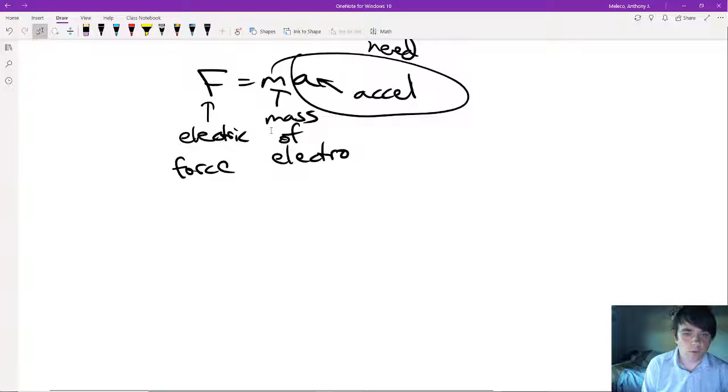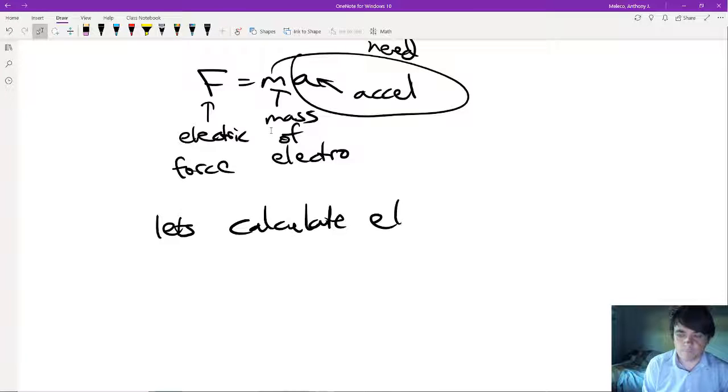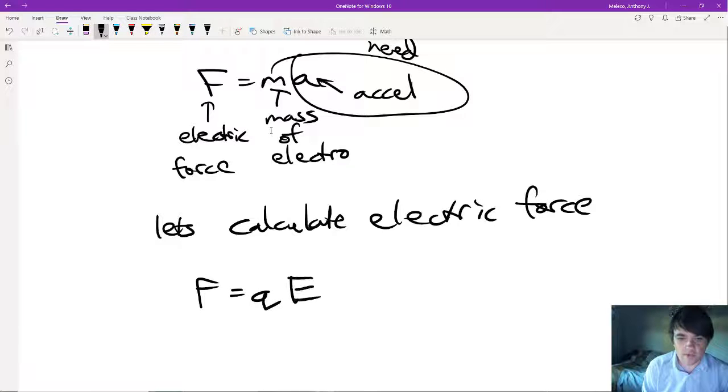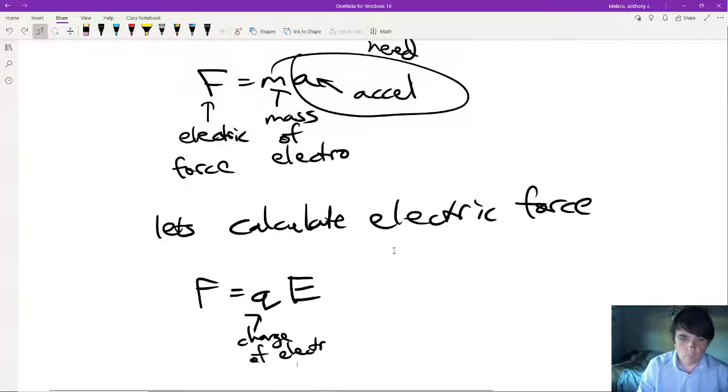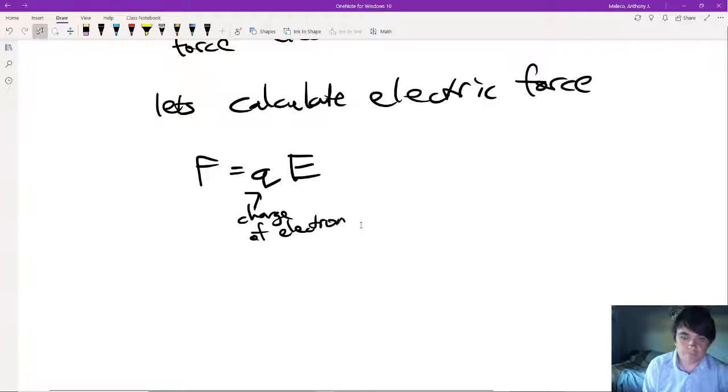So F equals Q times E. This would be the charge of the electron, and this is the electric field that's established.